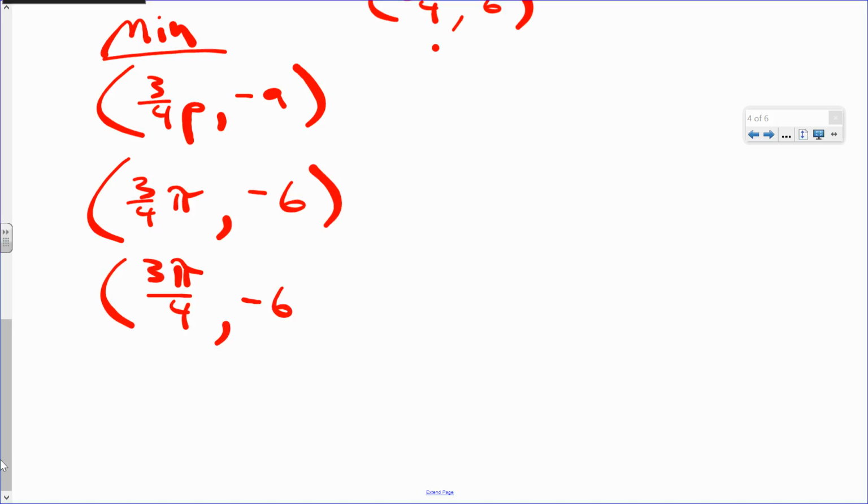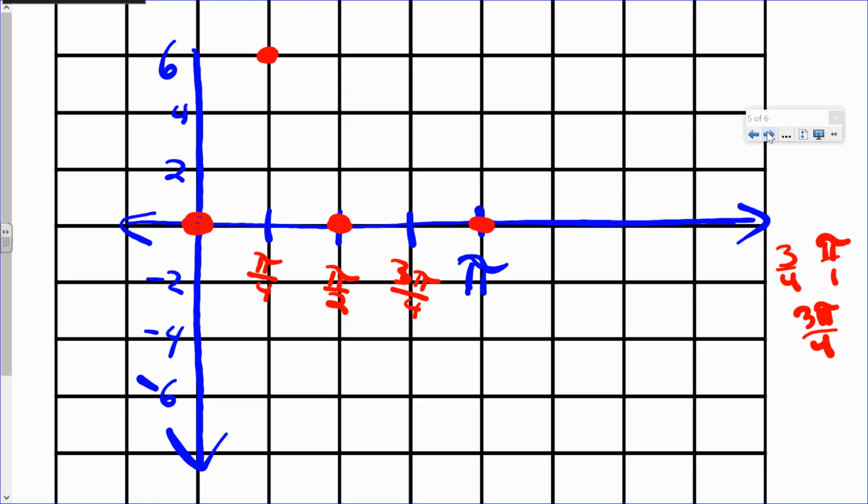And then -6 and plot that. 3 pi over 4, -6 is right there. Cool.